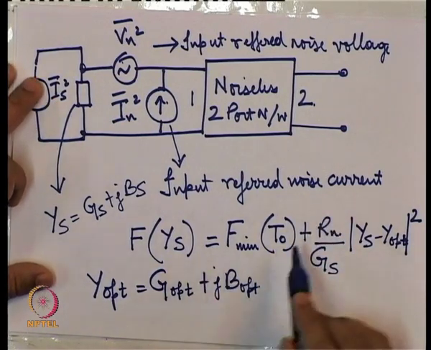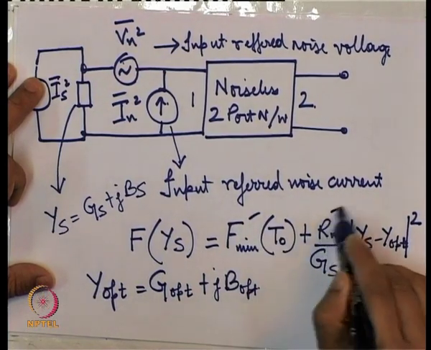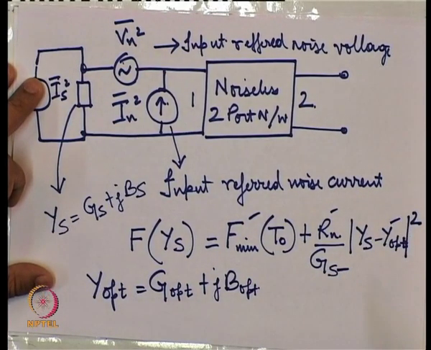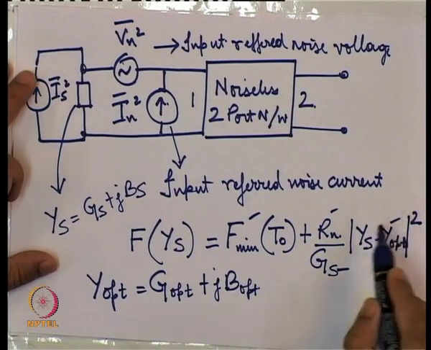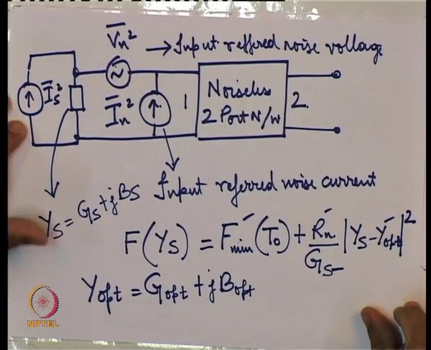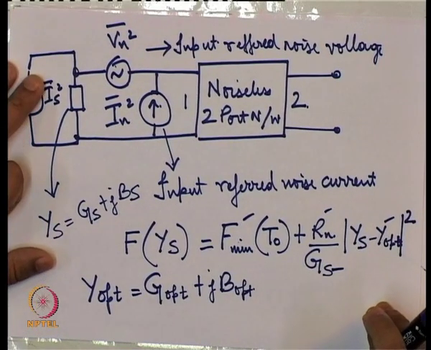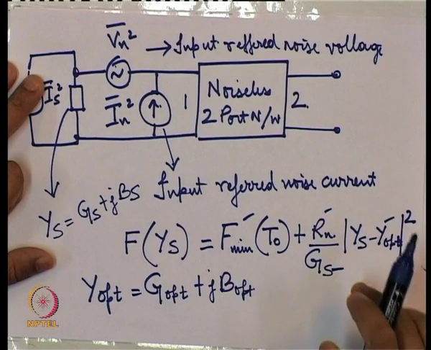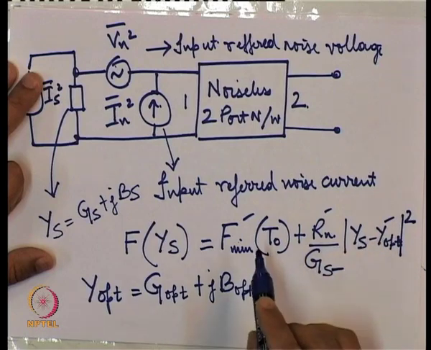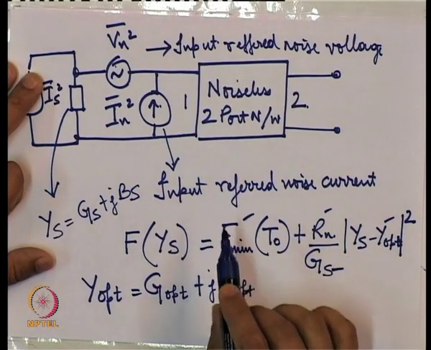So there are three quantities: F min, Rn and Y opt. If we know these three quantities, then we can completely characterize the noise figure associated with a two-port network.